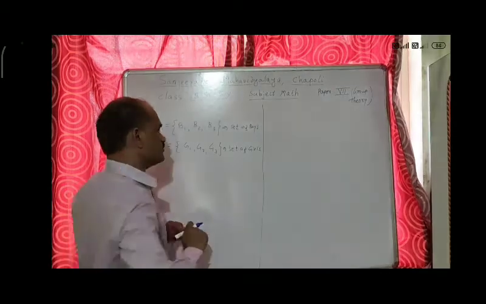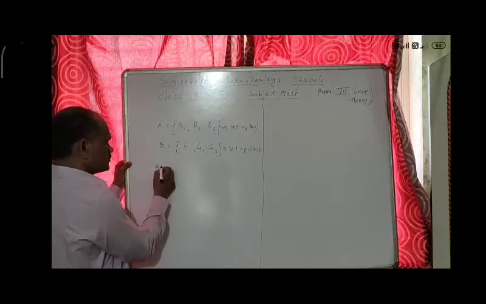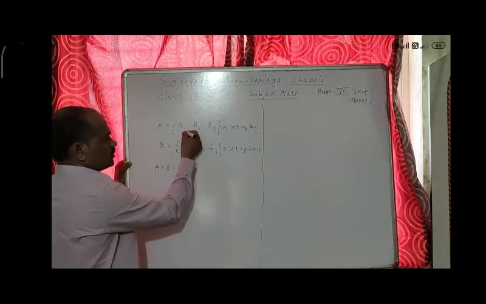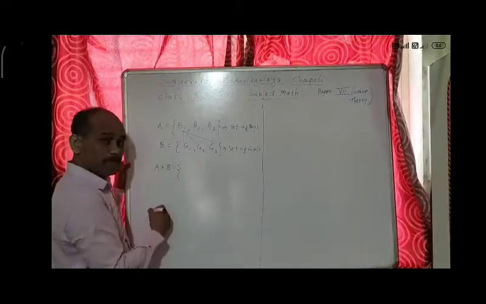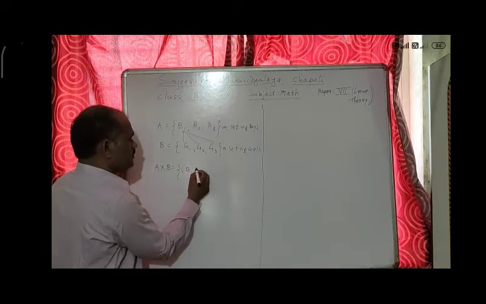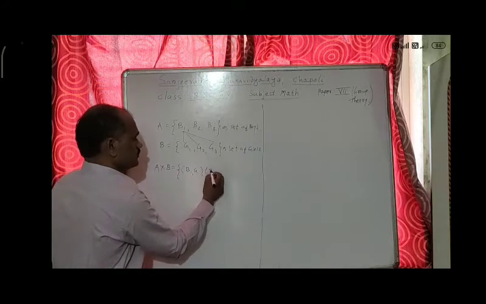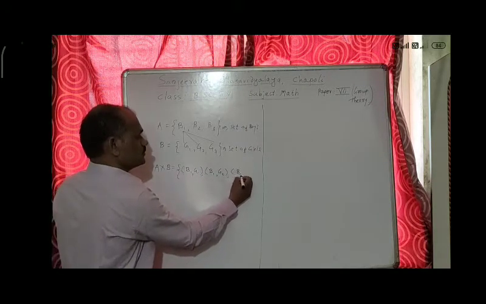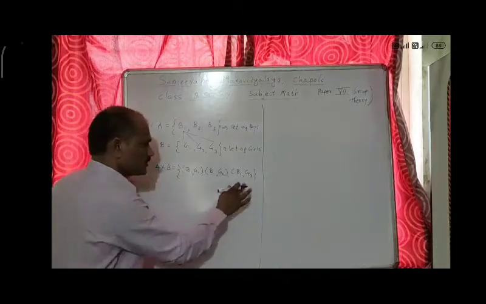Now we try to find the cross product between them. What is the cross product? A cross B is equal to each element of A associated with all the elements of B. So I write here B1 G1, then B1 G2, then B1 G3, like this.